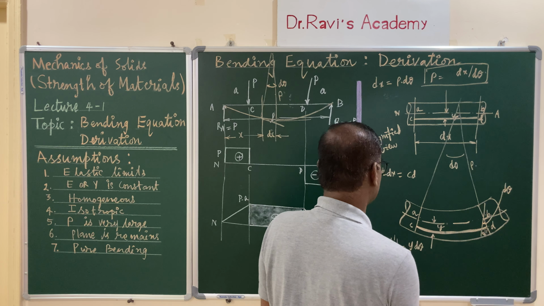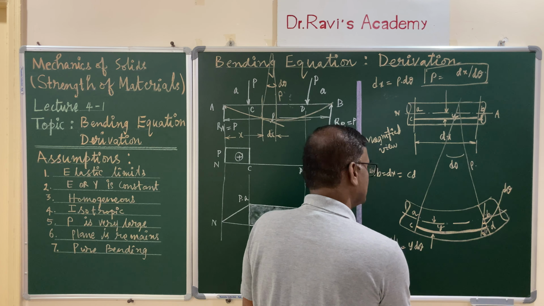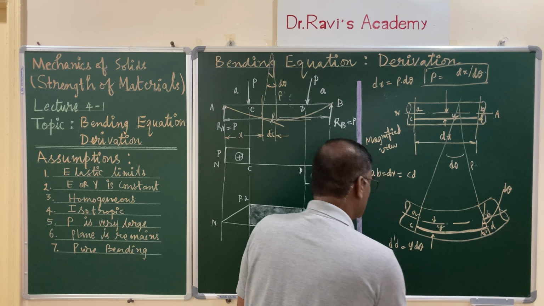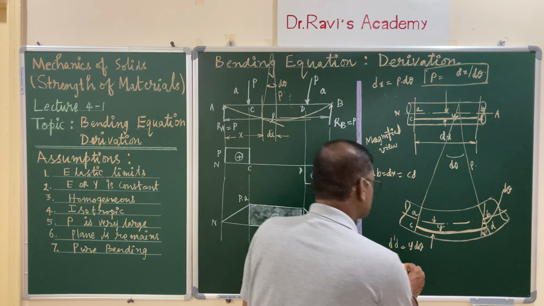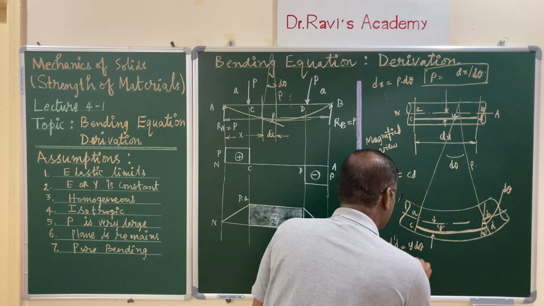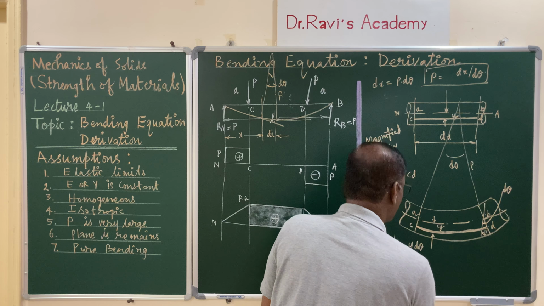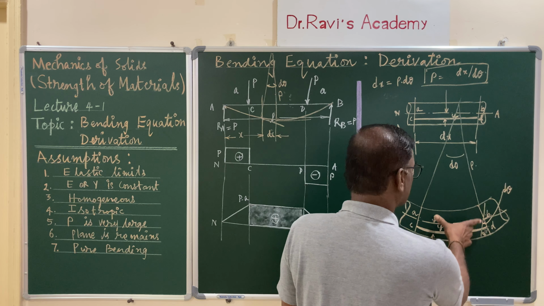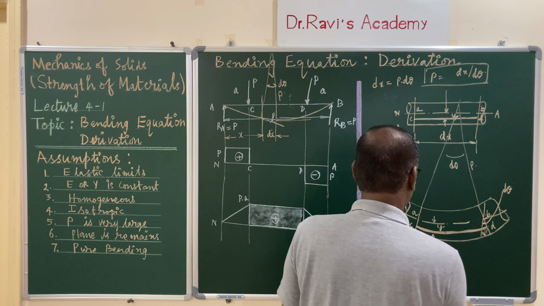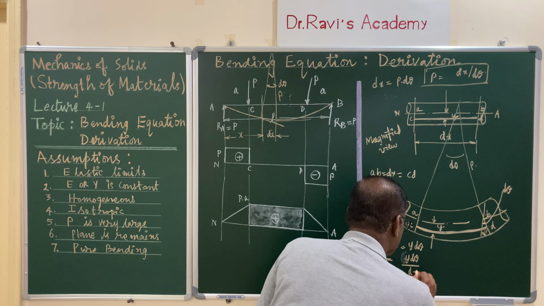D prime D is the extension, and if you write the expression for the strain, I am using the symbol epsilon. Strain is equal to D prime D, whose value is y into d theta, divided by the initial length, that is AB, which is also equal to CD, and that is nothing but dx.